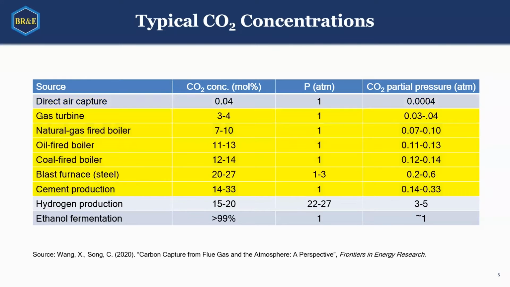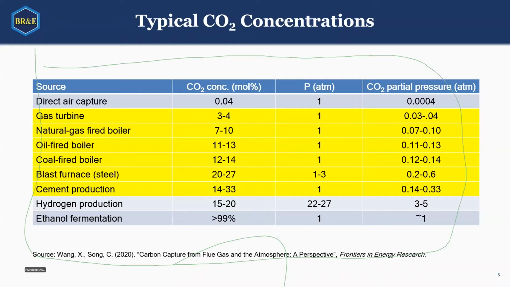The other category summarizes all these processes like gas turbine, natural gas fired boiler, oil fired boiler, blast furnace from steel production and cement production. You can see the partial pressures vary, but they are a similar grade, a similar amount of CO2 inside. Most of them are at atmospheric pressure.